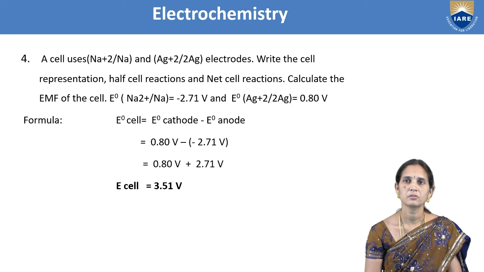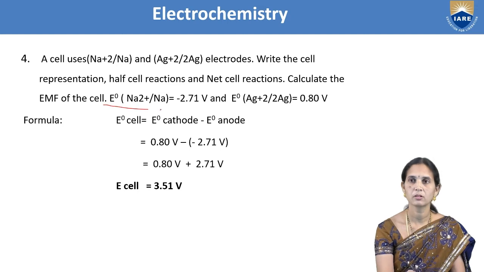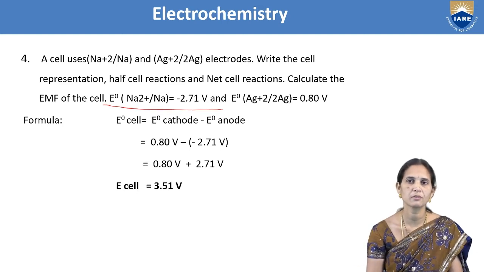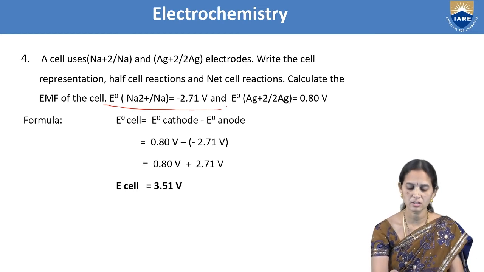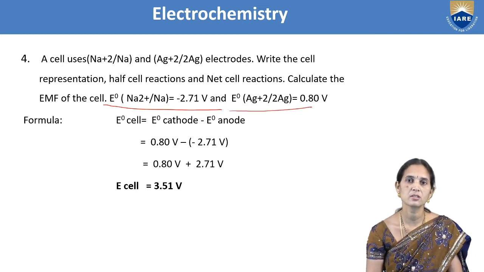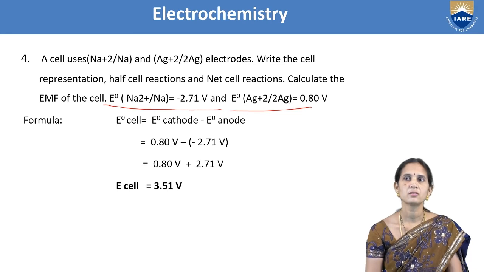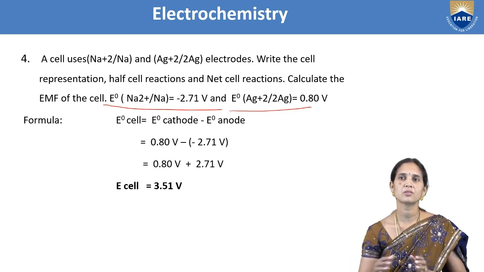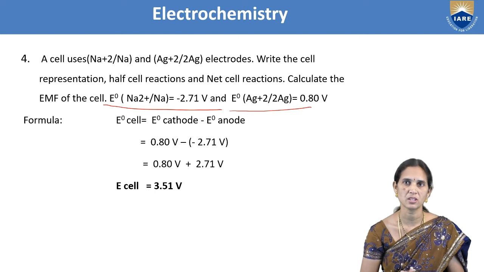They have given the values: the standard sodium electrode potential E naught is minus 2.71 volt, and the silver electrode potential under standard conditions, E naught silver, is 0.80 volt. The question asks us to calculate the EMF of the cell, and write the cell representation, half cell reaction and net cell reaction.